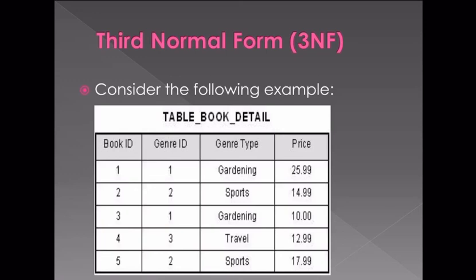Therefore, book ID determines genre type via genre ID, and we have a transitive functional dependency, and this structure does not satisfy third normal form.